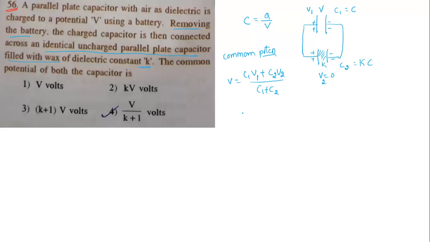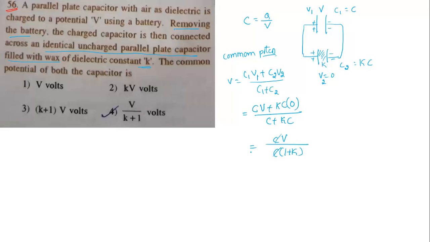Okay, now we are going to insert the values. C1 is C, V1 is V, plus C2 is K times C, V2 is 0, divided by C1 plus C2. C1 is C plus C2 is K times C. So if we simplify, the numerator becomes C into V, divided by, in the denominator we can take C common, 1 plus K. C is going to cancel here.